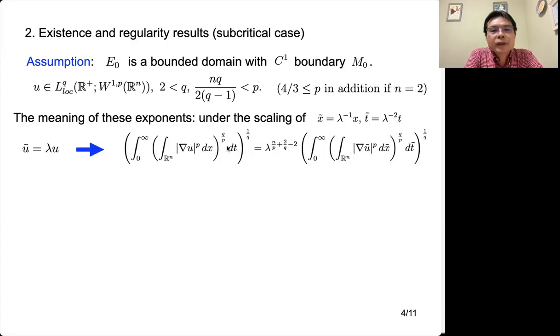It's easy to check that under this change of variable you end up with this exponent here, and this being less than or equal to 0 implies it's subcritical. This condition is really telling you that if your vector field is subcritical, it's satisfied.